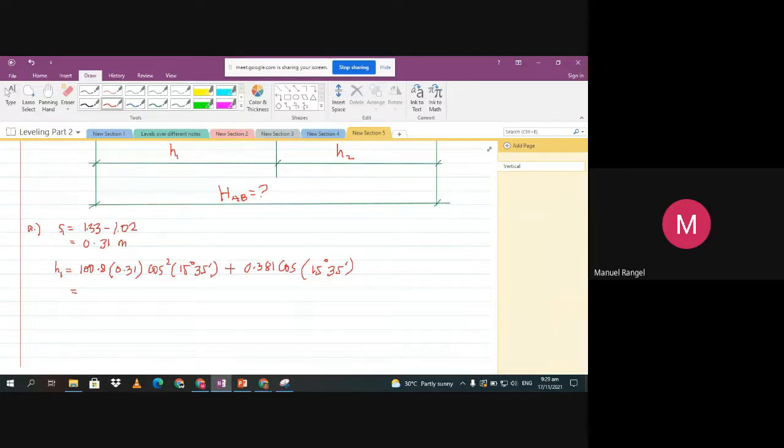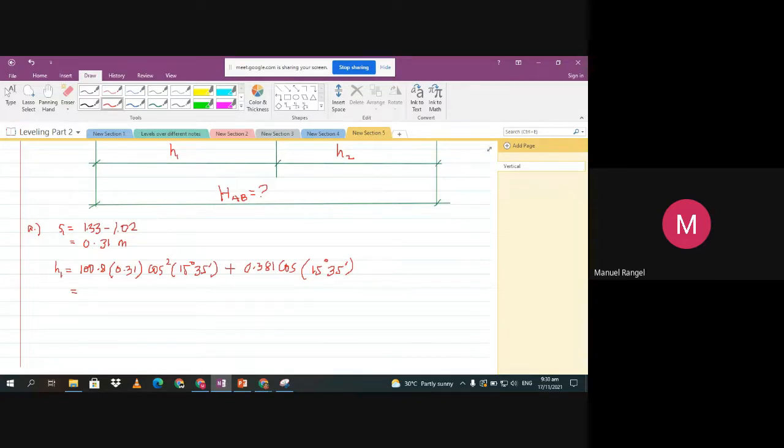100.8 times 0.31 times cosine squared 15 degrees 35 minutes, times 100.